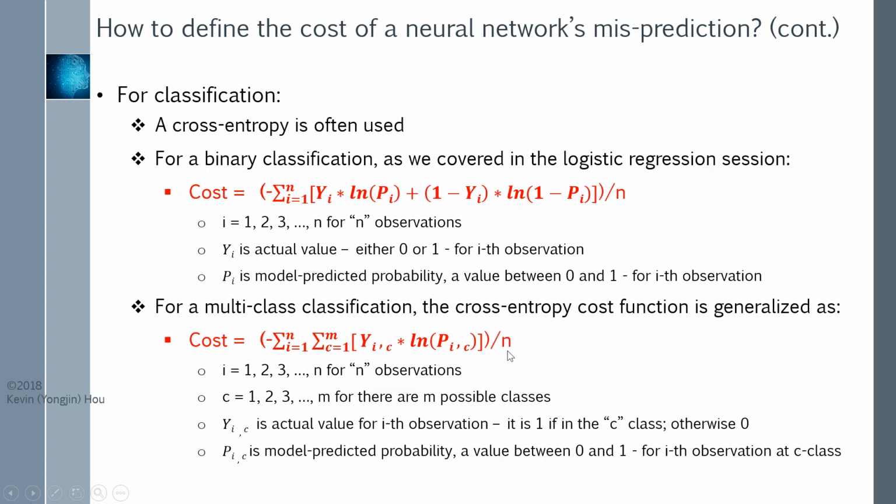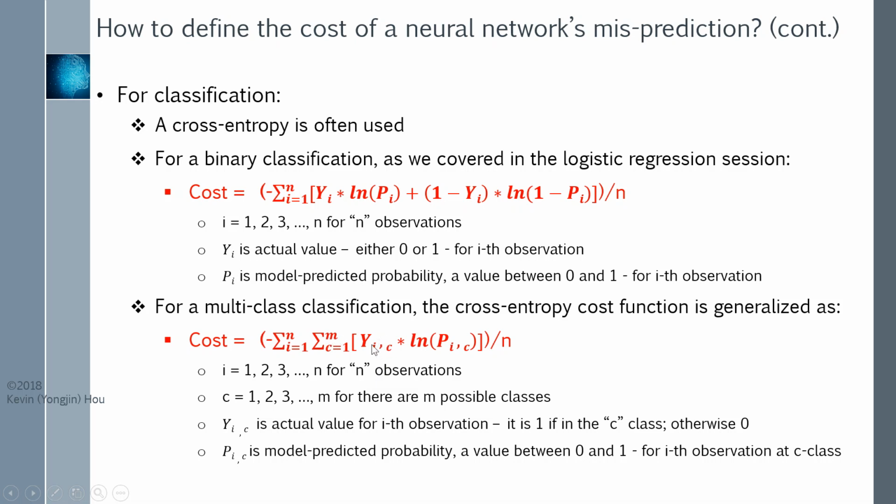Again, we're dealing with n observations, and now there are potentially m classes. For each actual y, it must fall into one of the m categories, because we're dealing with the problem where an observation can only fall into one class, not two or three at the same time.